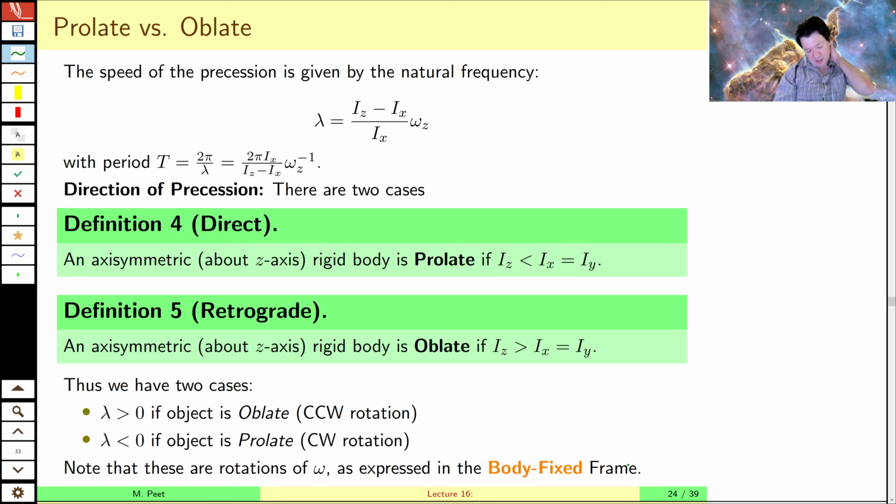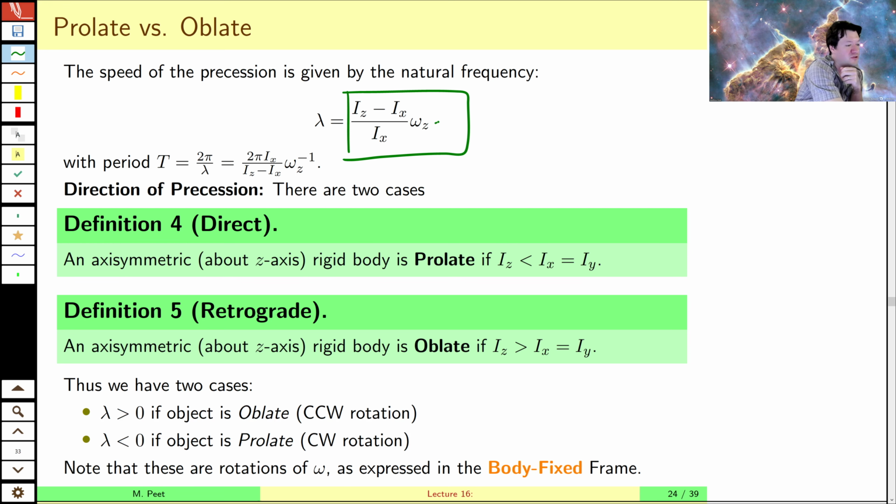Now, as I said, positive lambda counterclockwise, negative lambda clockwise. So now let's talk a little bit about what positive and negative lambda mean. So what are positive and negative lambda?